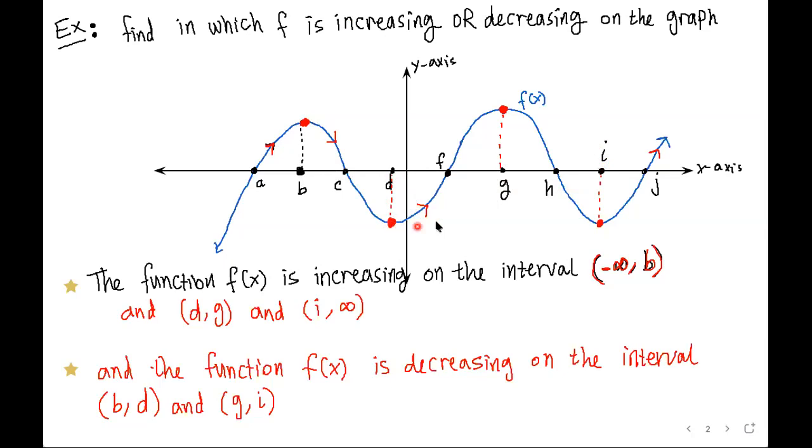This is local minimum, local minimum, local maximum, local maximum. The function is increasing on this interval, this interval, and this interval, and decreasing from this point to this point, and from this point to this point, in this interval and this interval.